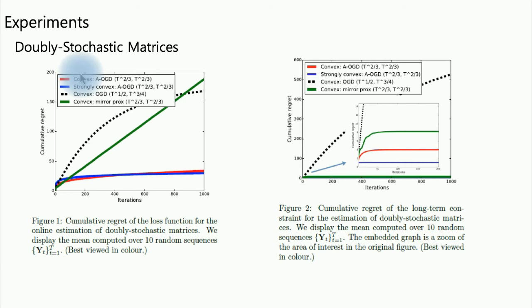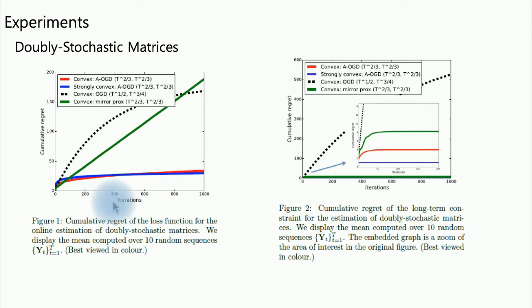The cumulative regret for loss and the long-term constraint are shown in Figure 1 and Figure 2. They are compared over t equal 1000 iterations with d equal 64 and are averaged over 10 random sequences y.